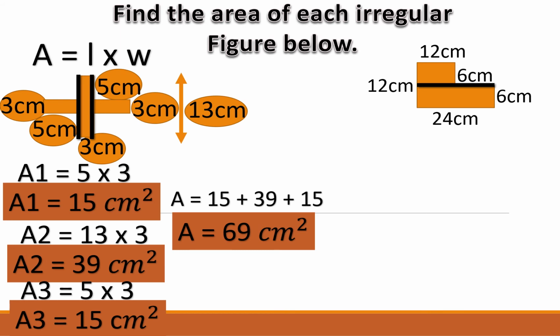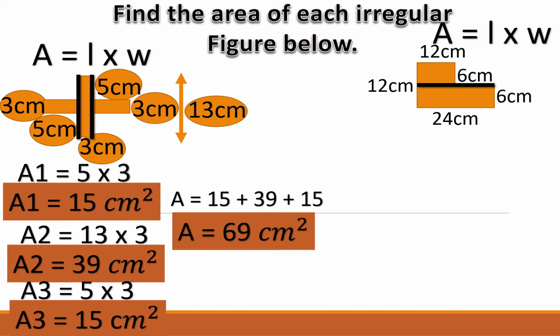So we just divide the 12 centimeter by 2, meaning the other smaller width is equal also to 6 centimeter. So by cutting it horizontally, we will have two areas of a rectangle.